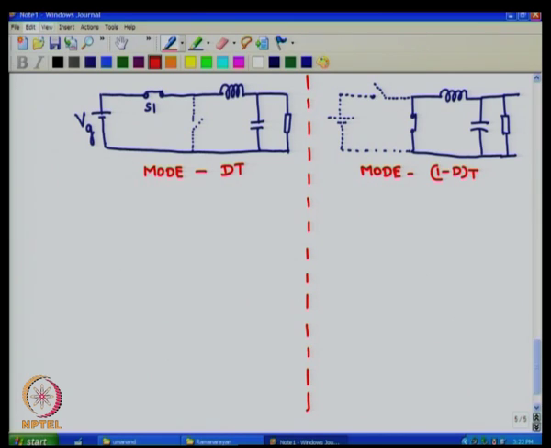By inspection, of course, step 1 of your modeling procedure, we have two energy storage components, L and C, in either of the modes. So, you will have order 2 in this mode, order 2 in this mode, 2 differential equations in this mode, 2 differential equations in this mode, and then we make the combination.